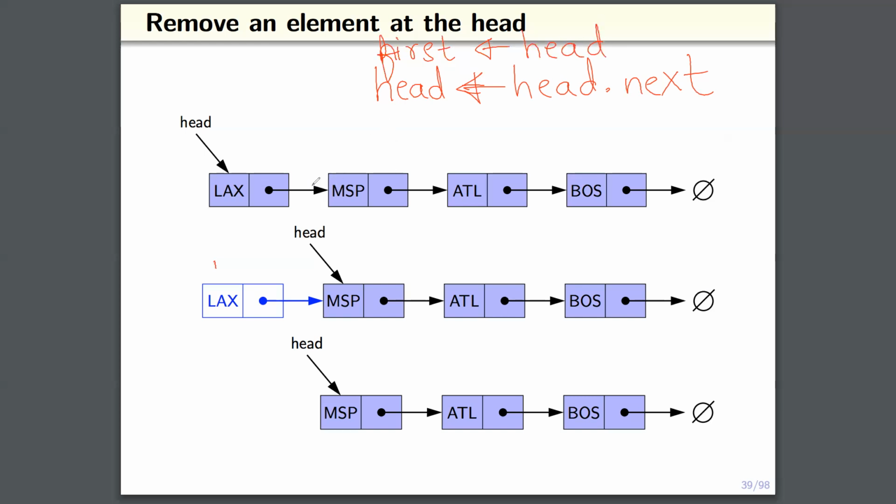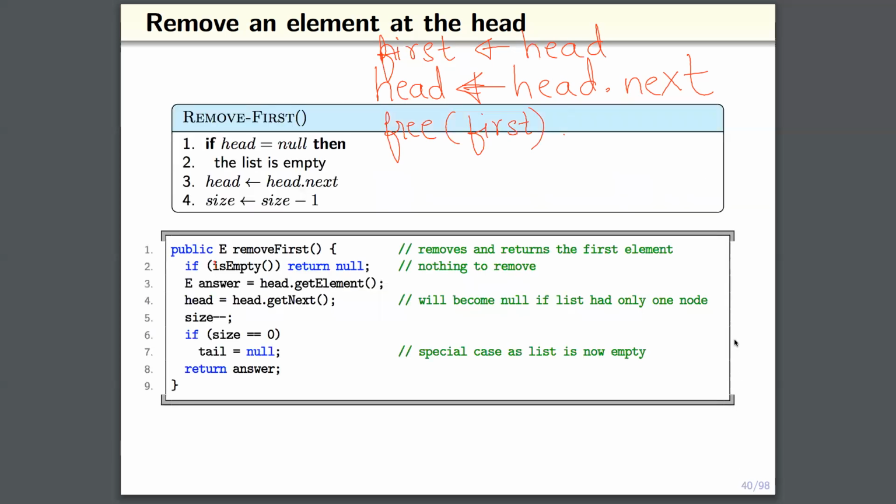Then what do you do? Free the memory occupied by the first one. Right. So can we say that free the memory for first? Okay, let's see. Is that what we are doing here? Let's think about it.